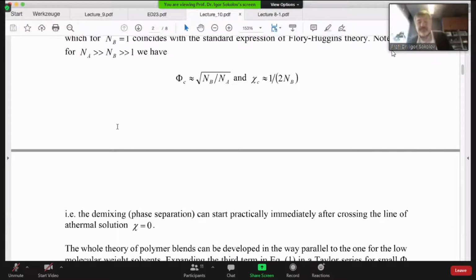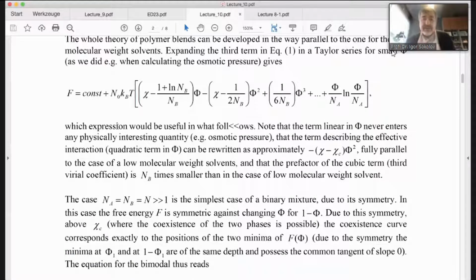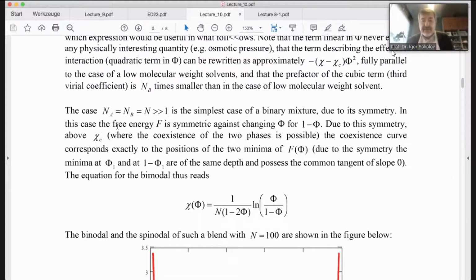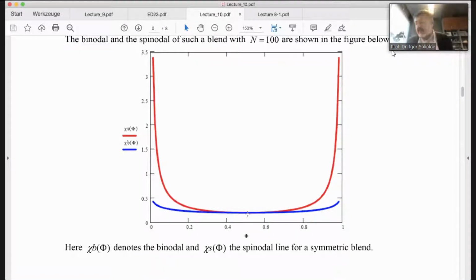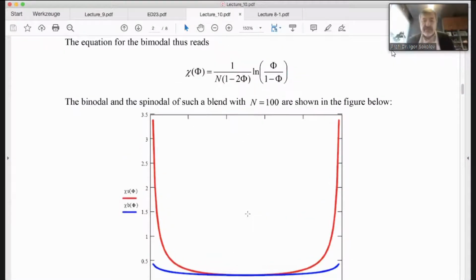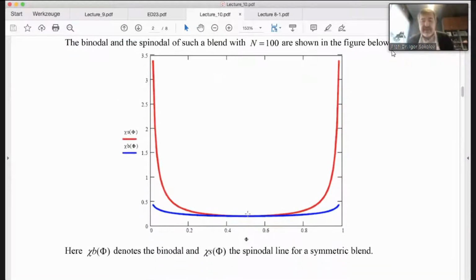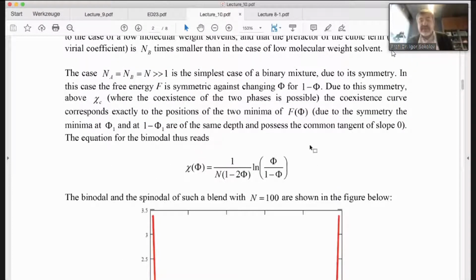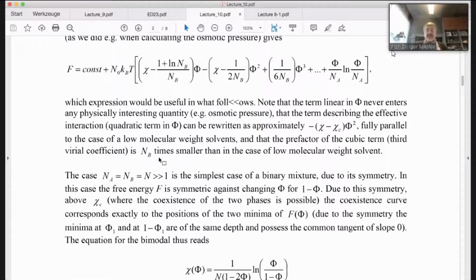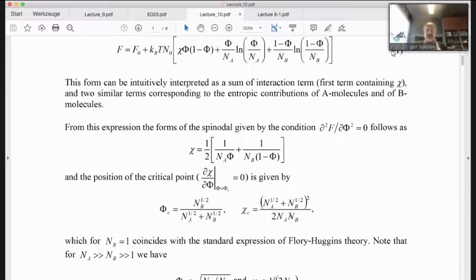So then for the binary mixture, I get this 2 divided by N as the position. I can easily get the equation for the binodal, which is normally hard to get because you have 2 minima of f of phi, which are symmetric.